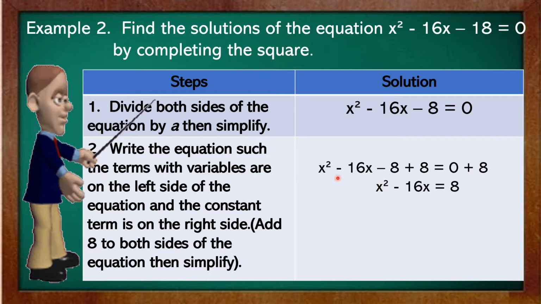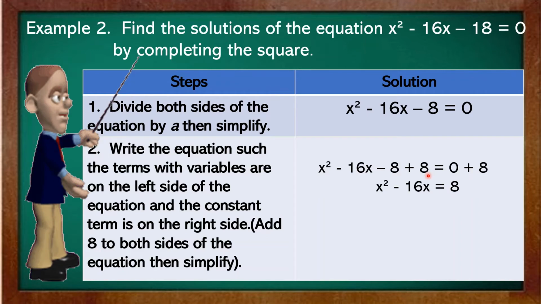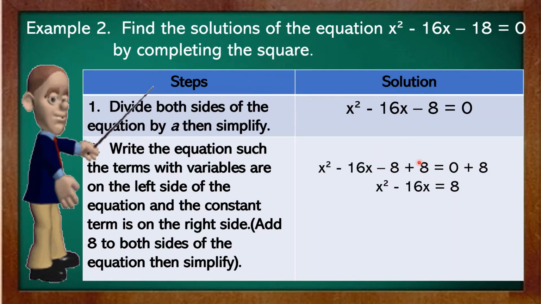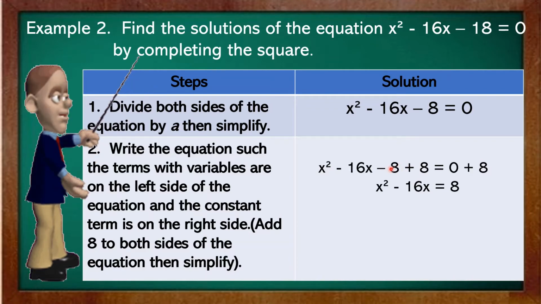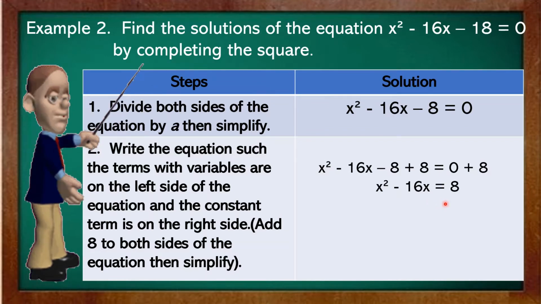So our equation now is x squared minus 16x minus 8 plus 8 equals 0 plus 8. When we solve this, we can eliminate the negative 8 and the positive 8. So our equation now is x squared minus 16x equals 8.